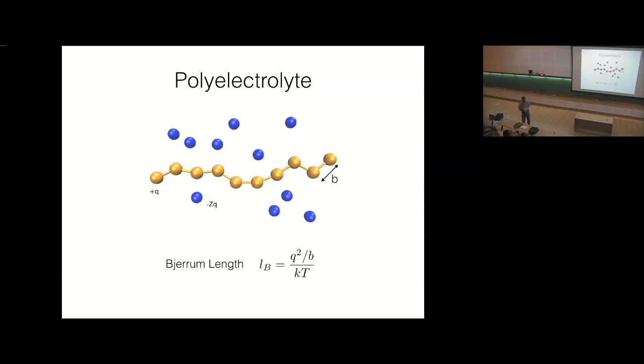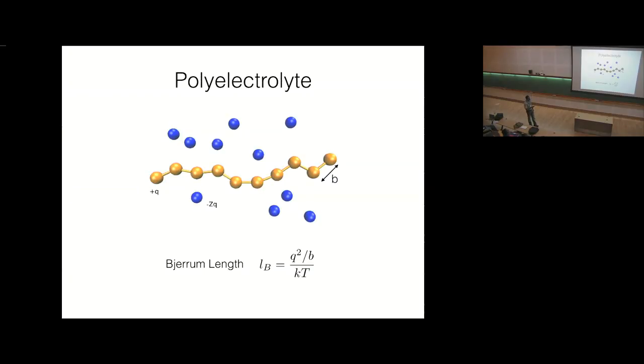Now, the conformations of this polymer depend on the charge density that is put in, and that is characterized by something called the Bjerrum length. So you take two nearby charges along the polymer backbone, and ask what's the electrostatic interaction of the neighboring two monomers, and is it comparable to thermal energy?